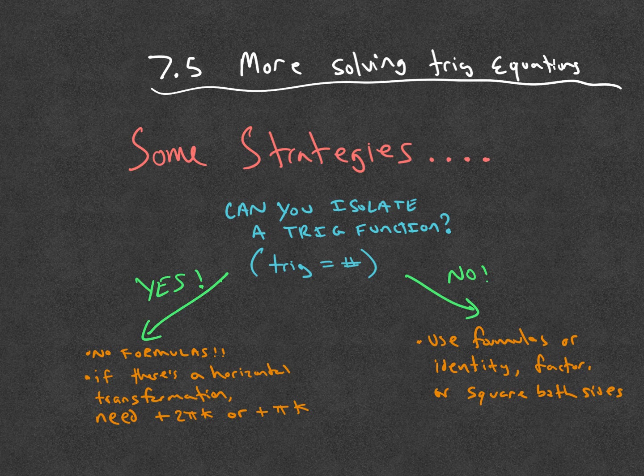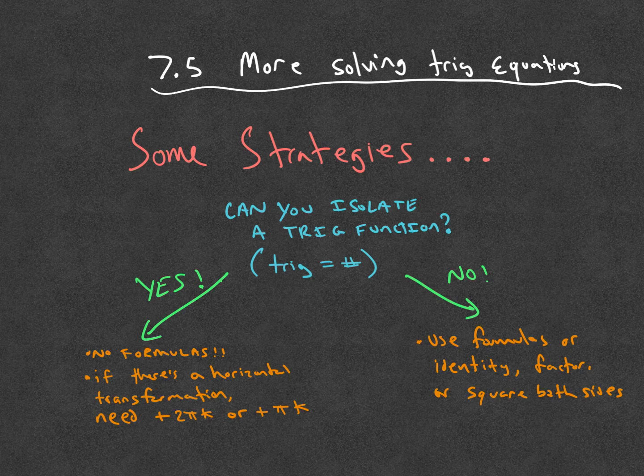The main goal here is, can you isolate a trig function? Can you get it to say sine equals a number or tangent equals a number? If you can, then you're golden. Then it's just a unit circle problem. You don't need formulas. You don't need to double angle or square root. You don't need any of that.